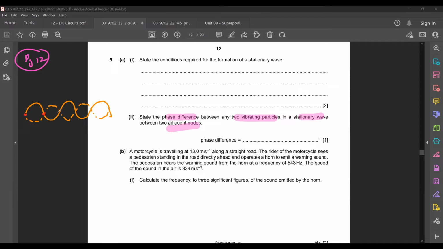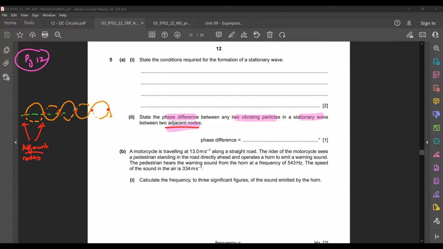The keyword was between two adjacent nodes. It could be these two. These are adjacent nodes.